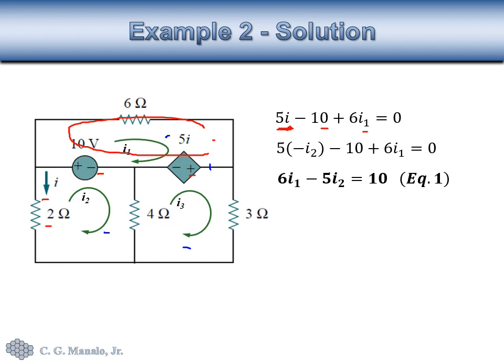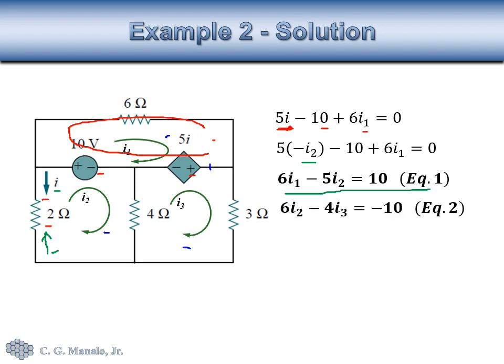The current through the 2 ohms has only one loop current flowing through it, and that is I sub 2 going in the upward direction. So I is the negative of this. Therefore, we replace I by negative I2, and simplifying, we will get this equation.